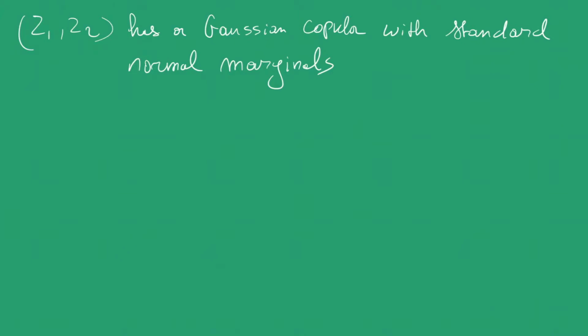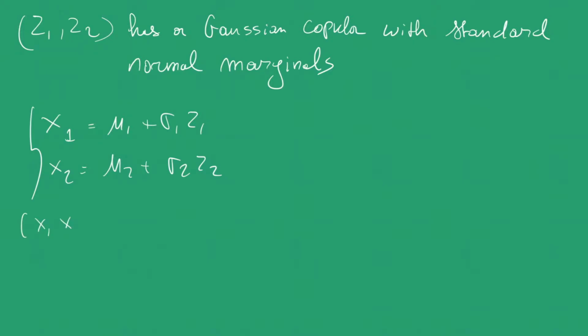So we need a random vector x1 that we extract from z1, and we take x1 equal to mu1 plus sigma 1 z1, and x2 we define as mu2 plus sigma 2 z2. And then you can prove that the vector x1, x2 has also a Gaussian copula, so it has the same copula as z1, z2, but now it has the correct marginals. It has normally distributed marginals with the correct mean and the correct variance.